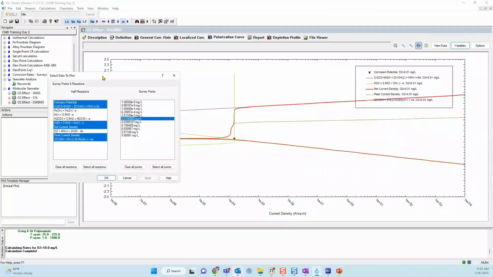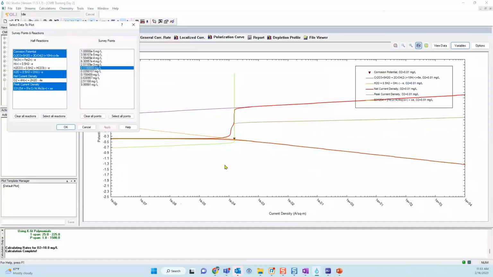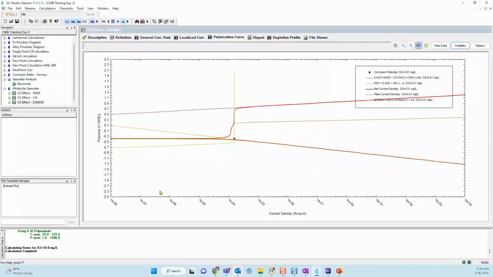And there is a criterion that says that the repassivation potential should be, or any pit that reaches a 10 to the minus 2, I think it's 10 to the minus 2, I don't recall exactly. But 10 to the minus 2 amperes per square meter, that would be the repassivation potential.